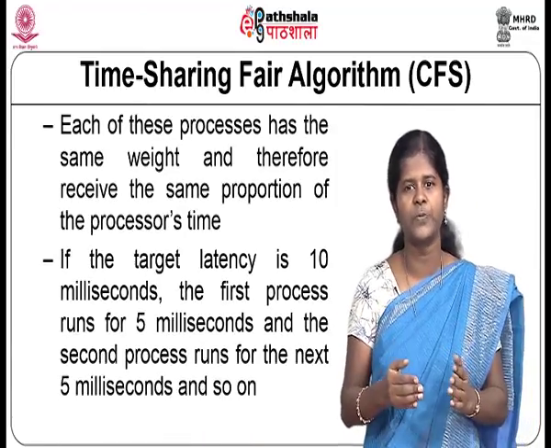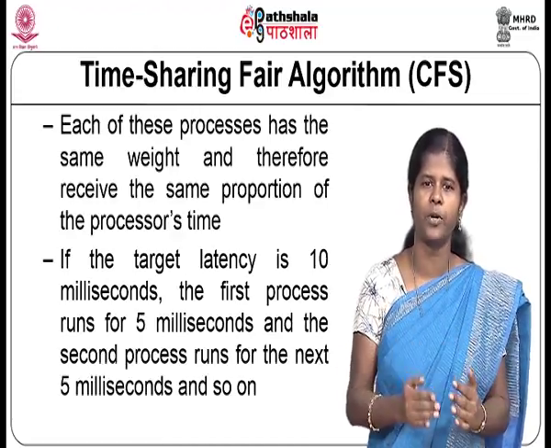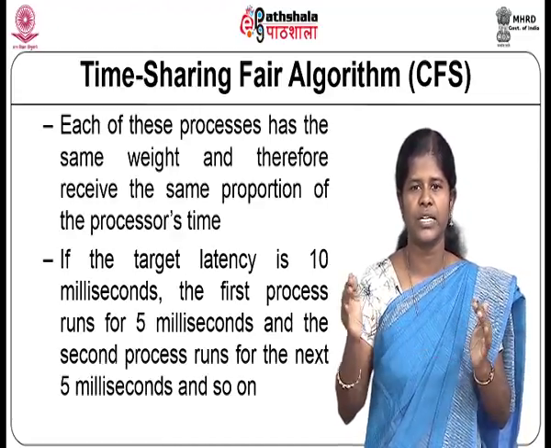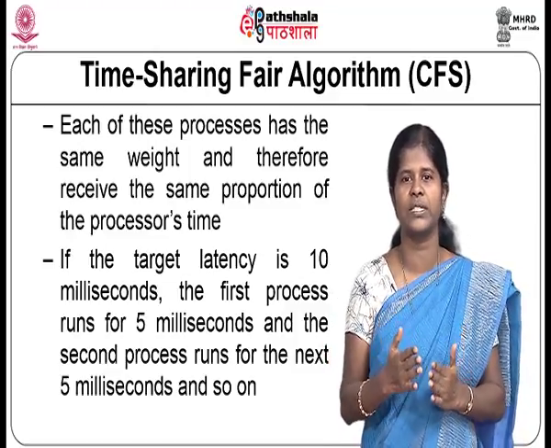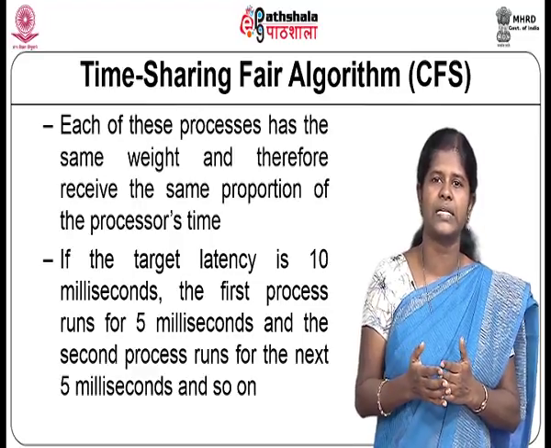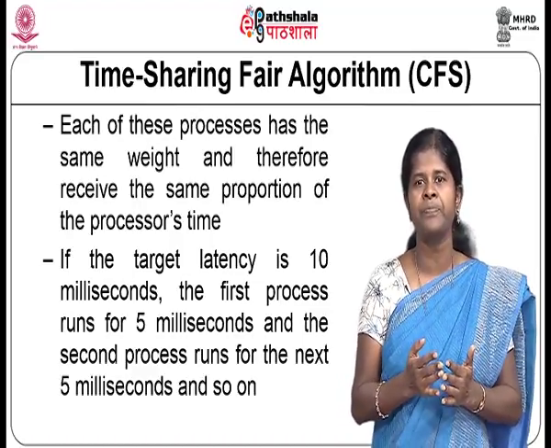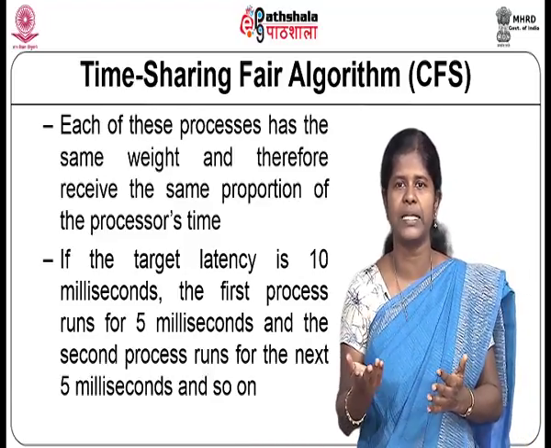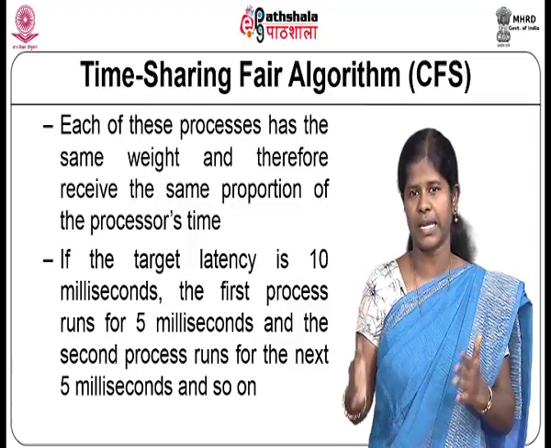So, the 10 milliseconds is divided into 2, and each process will get 5 milliseconds to use the CPU. The first process will run for 5 milliseconds, and the next process will run for 5 milliseconds, and both processes complete their execution within this 10 milliseconds.